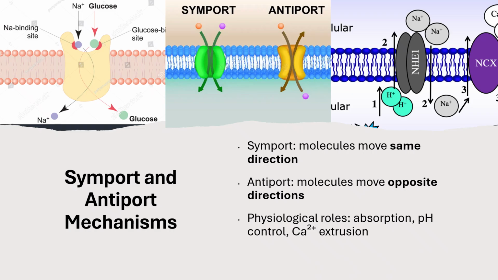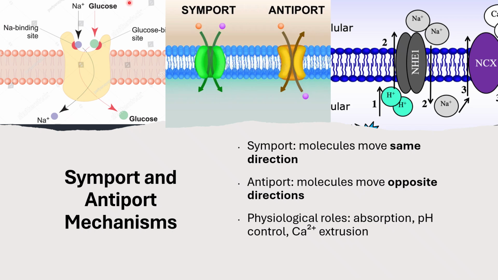To appreciate symport and antiport mechanisms, it helps to picture the membrane as a busy two-way gate where ions and solutes move in coordinated patterns rather than random flows. A symporter carries two different substances across the membrane in the same direction.